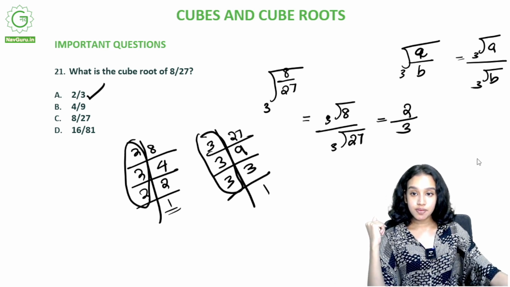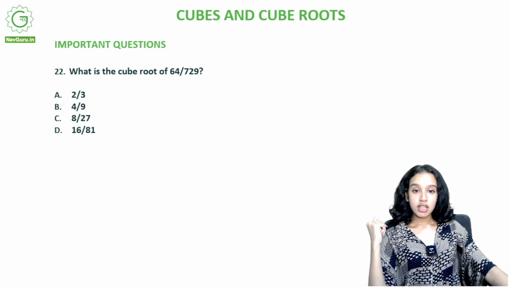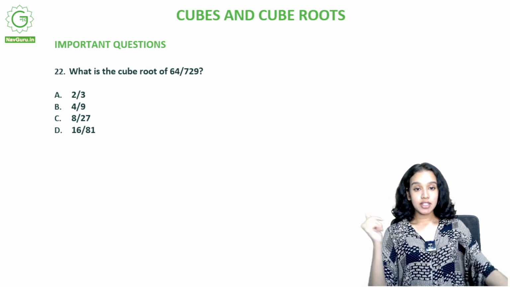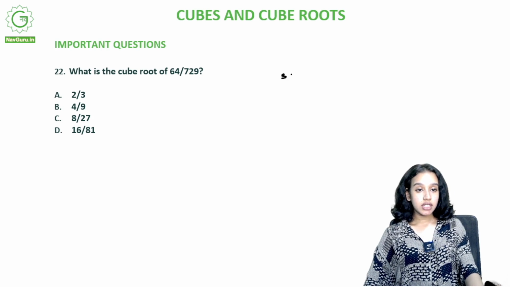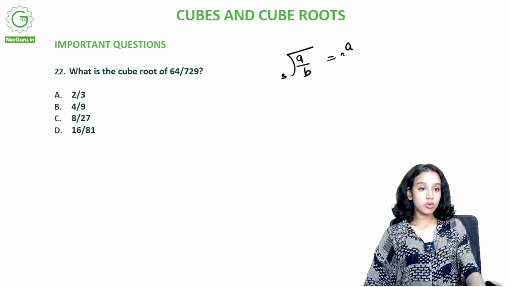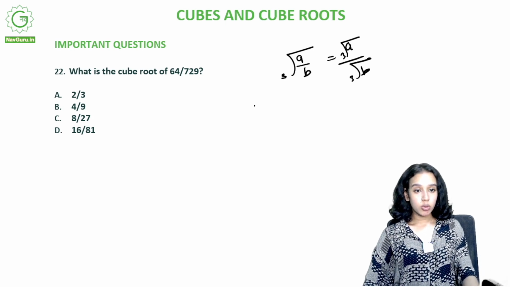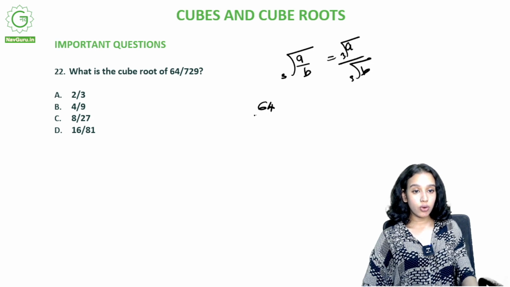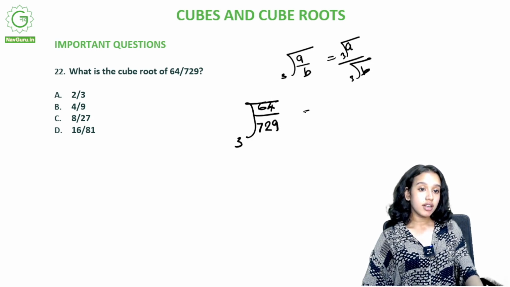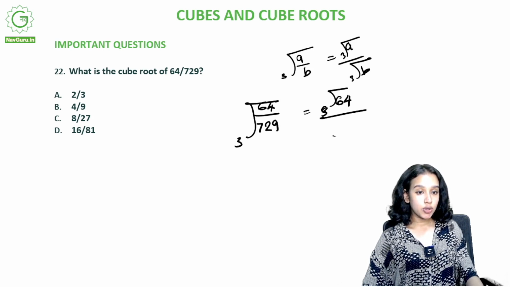We got the answer. Now, what is the cube root of 64 by 729? Same kind of question, find the cube root of a by b. Again, we'll use the format cube root of a by cube root of b. Now, cube root of 64 by cube root of 729.